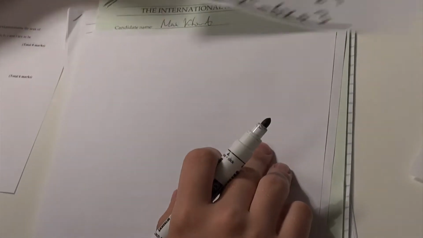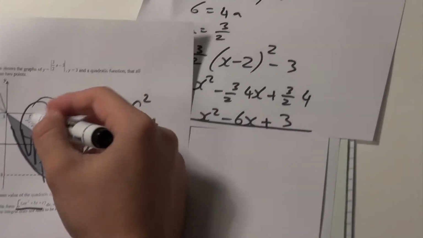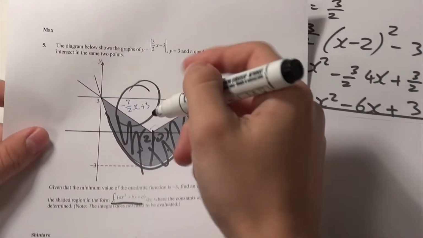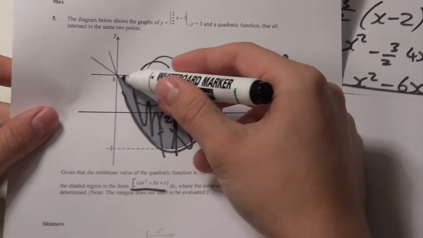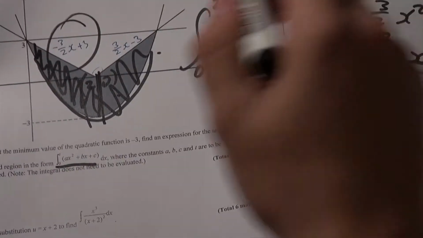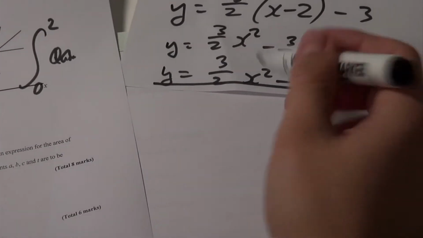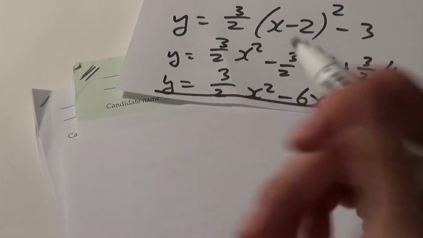So now that we have the quadratic equation and the equation of this line, I'm going to use half of this area and then multiply it by 2. I'm going to find the integral of the top function, which is this, minus the integral of the bottom function again.